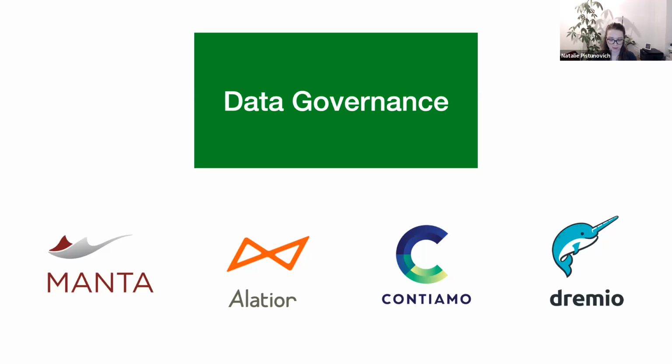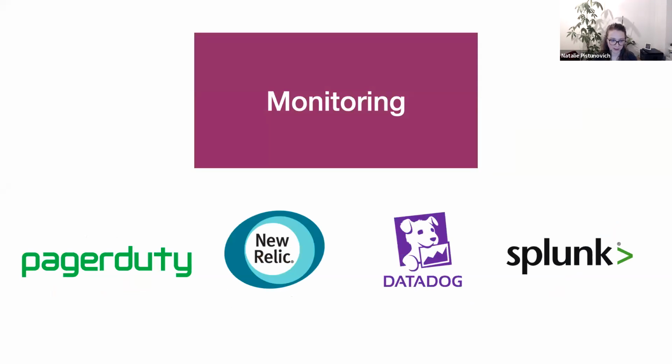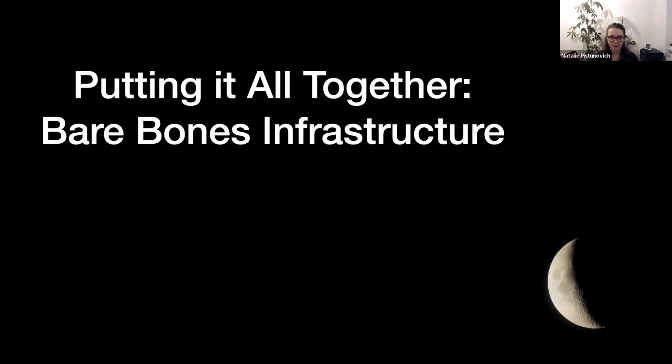You make a subset of the data available to the public so that they can do their own interesting machine learning projects. And then comes monitoring, which is of course super important because you do want to make sure that your system runs well.